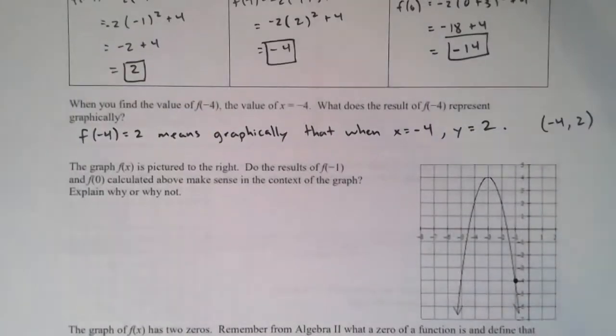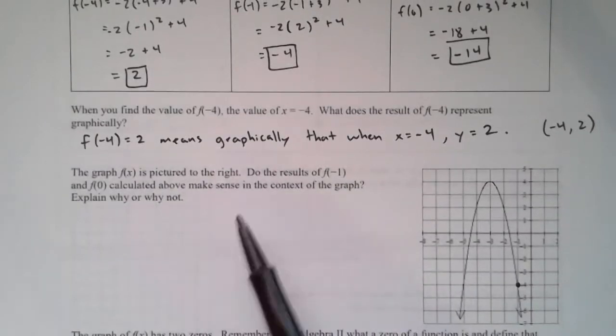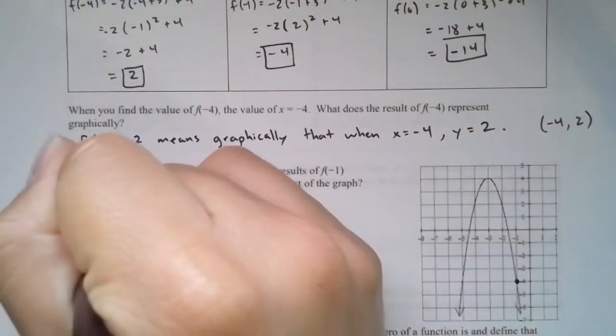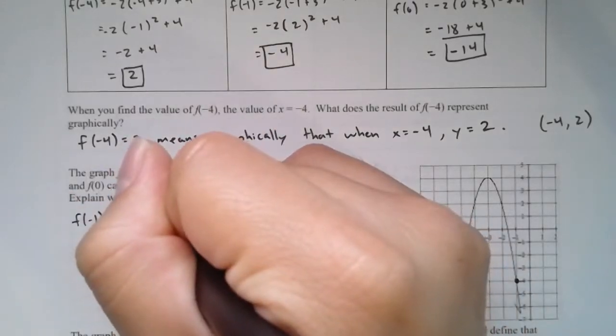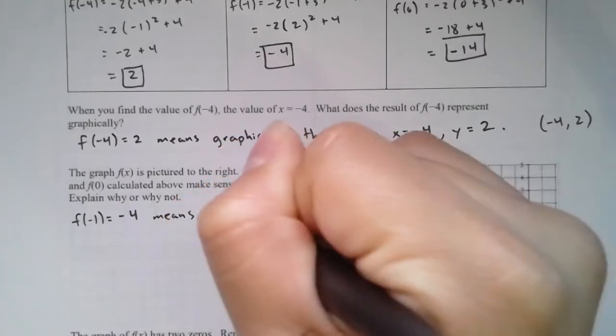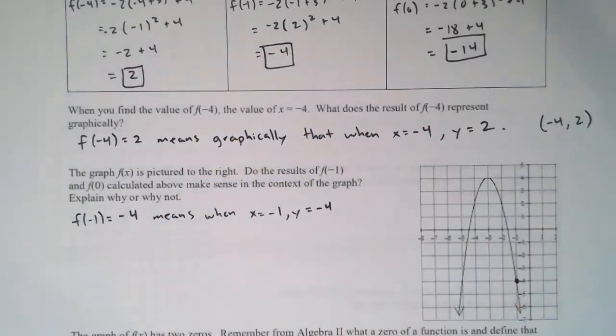Does it make sense in the context of the graph? They do, in the sense that f of -1 is equal to -4 means when x is equal to -1, y is equal to -4.